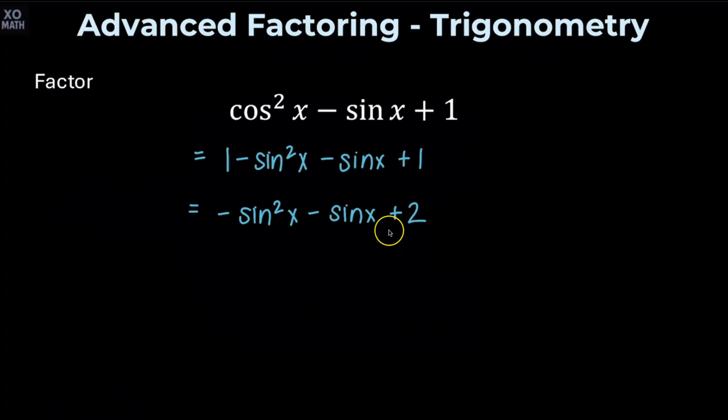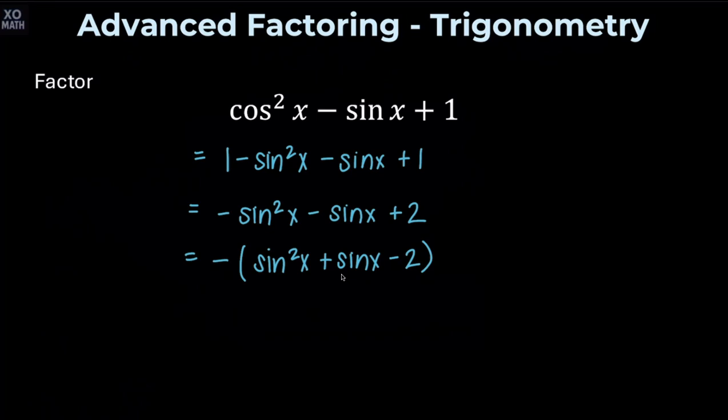Now we have quadratic form. The leading coefficient is negative 1, and I would rather have it be positive 1. So I'm actually going to factor a negative out of all of the terms here. So I'll have negative, and then the quantity sine squared x plus sine x minus 2. And that's going to be a little bit easier to think about in terms of factoring.